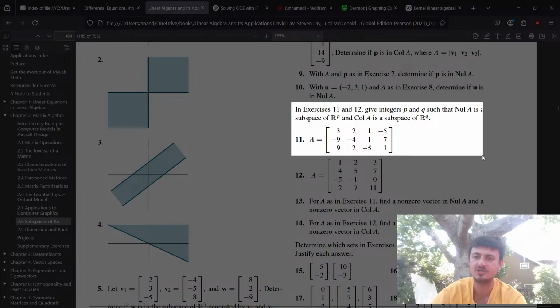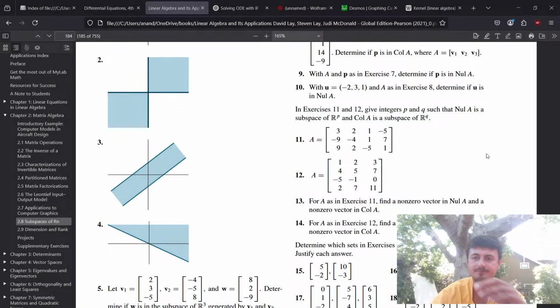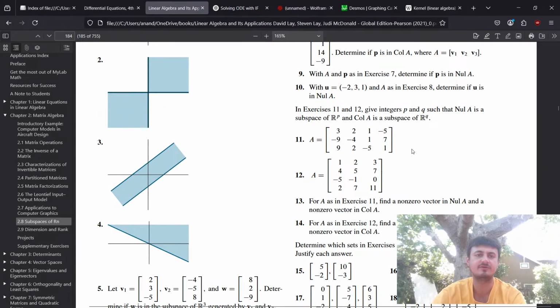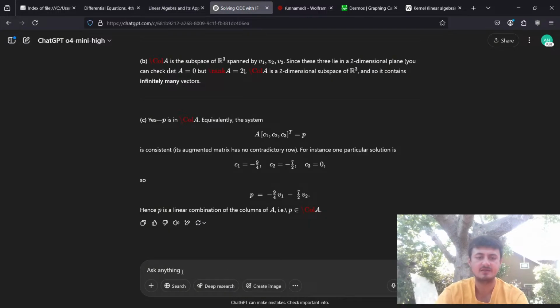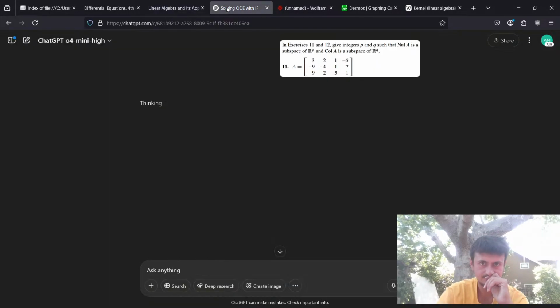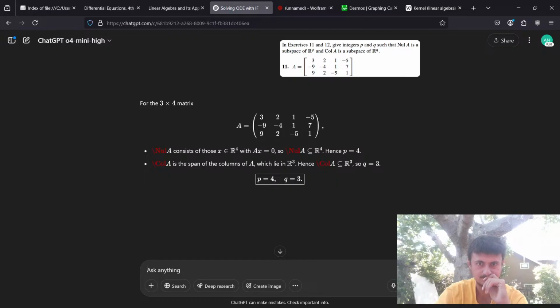It's basically just a question about the domain or the codomain. Yeah, these are good problems. Actually, 11 and 12 are good because they make you realize the column space and the null space. Yes, that's what I said.